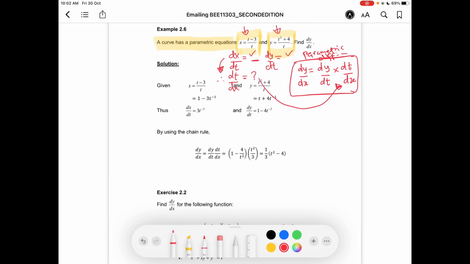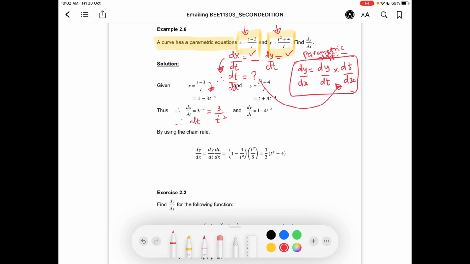Now back to this original question, we have x equals t minus 3 over t. Here you can simplify it to become 1 minus 3t to the power of minus 1, and therefore we get dx over dt as 3t to the power of minus 2, or in other words, 3 over t squared.